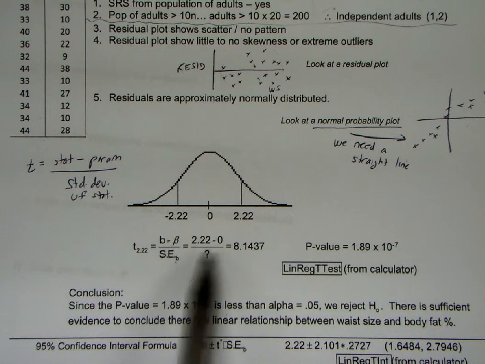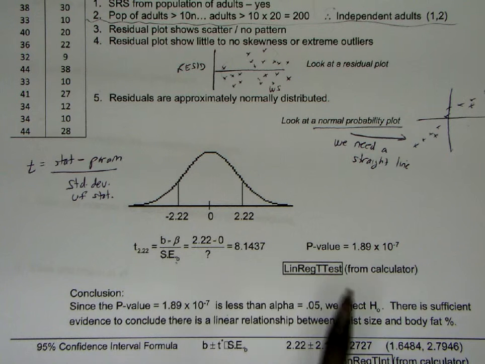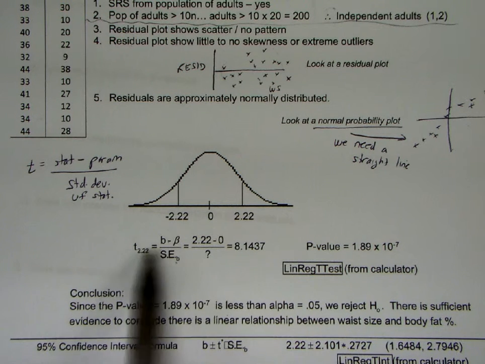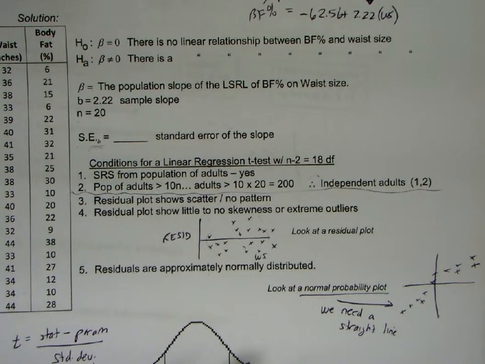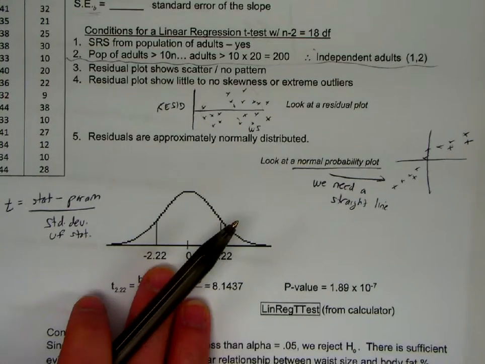So here's where the test gets tricky, and I really think this is why they don't make you go through a whole entire significance test. The problem is that to calculate your t-value, you need the standard error of the slopes, which I wrote up here with a blank. You don't know the standard error of the slopes.